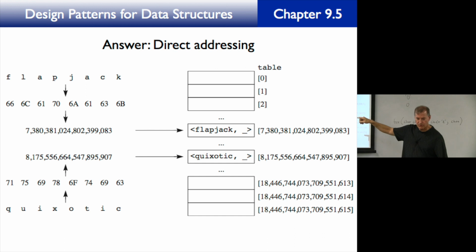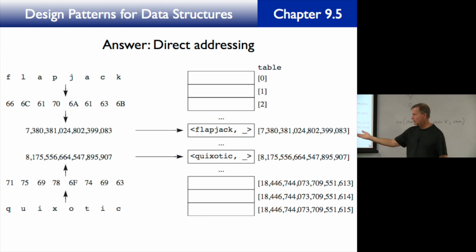It's 0110, 0110, 0110, and the letter C is 1100, and so on. You'd have 64 bits, and this is the 1's place, the 2's place, the 4's place, the 8's place, the 16's place. That's that integer. And it would be table sub that. You go there, and boom, there it is, direct.